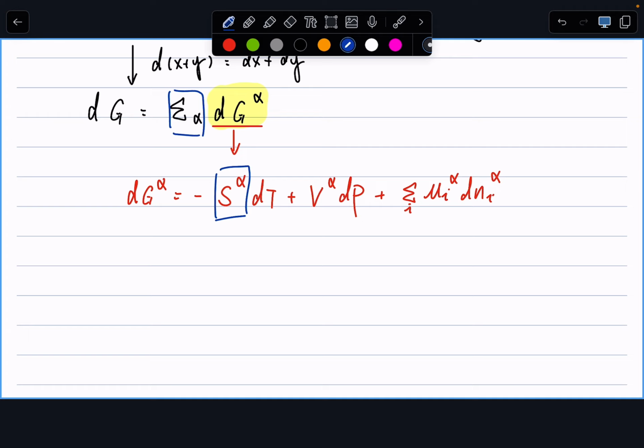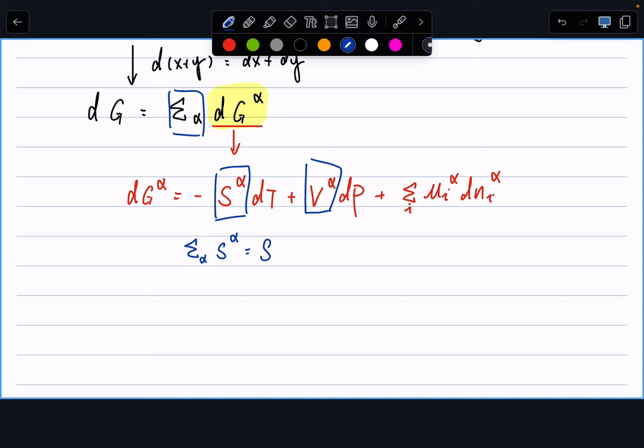So considering this reaction mixture, you have liquid and you have gas. So the entropy of all the liquid part plus the entropy of all the gas part must equal the total entropy. Entropy itself is an extensive state function. So in here, what we have is the sum of my S alpha equals S. And likewise, the same logic applies to volume.